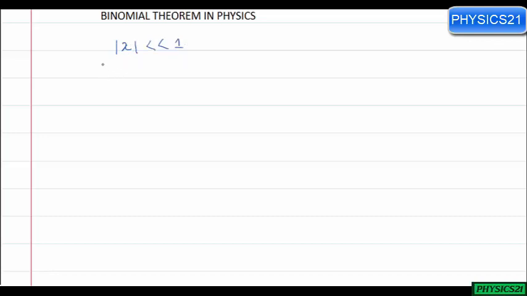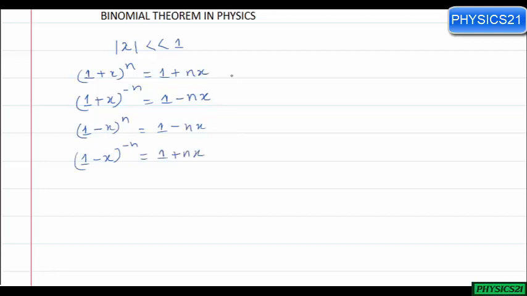In this situation, we will write in place of 1 plus x raised to power n only 1 plus nx, and for 1 plus x raised to power minus n only 1 minus nx. When we apply this case of the binomial theorem in physics, we write using the binomial theorem and then neglect the higher terms.